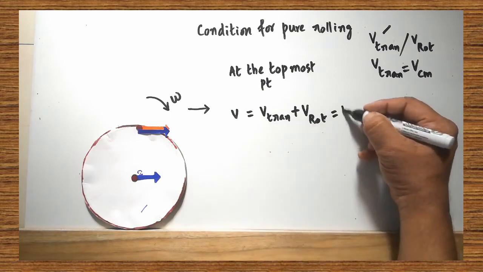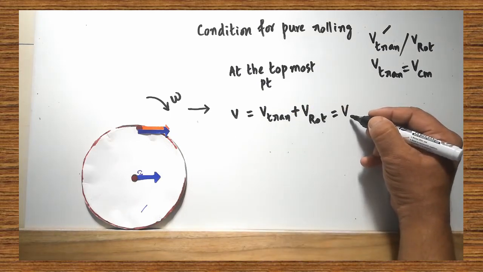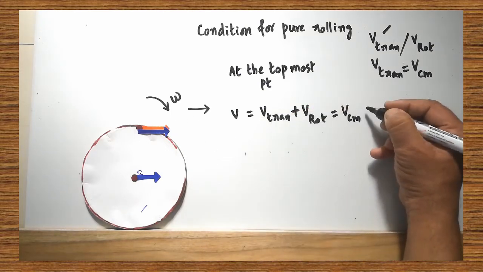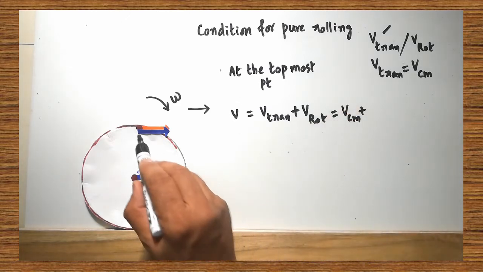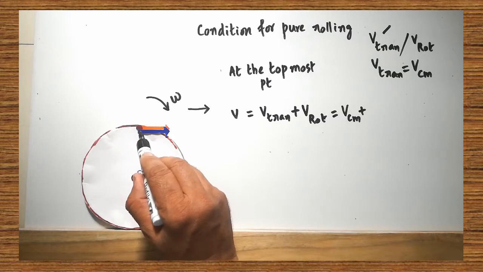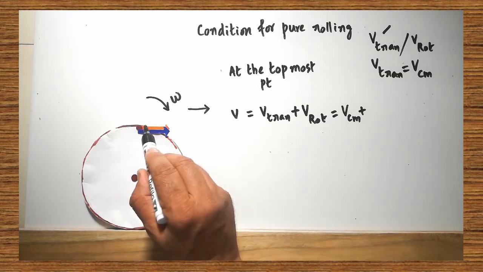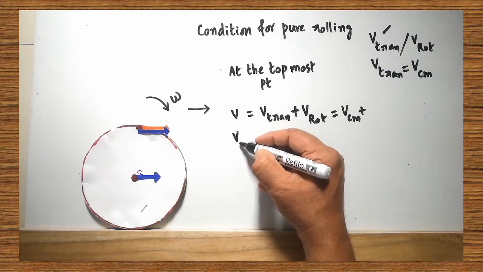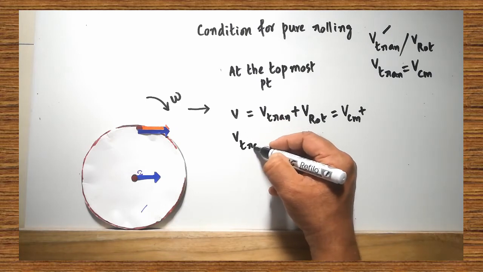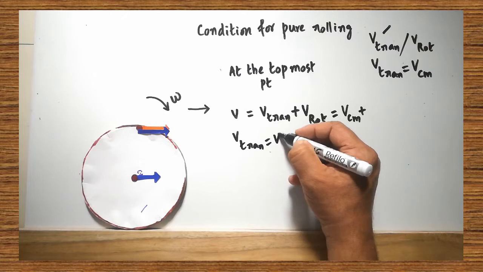So instead of V translation, we can write VCM. The most important thing I am going to say is that at this point, V translational and V rotational will both be equal.